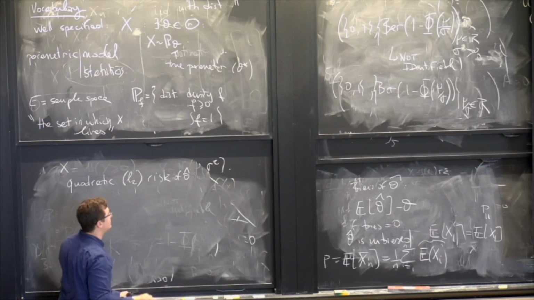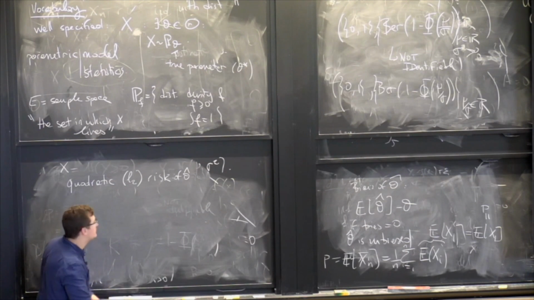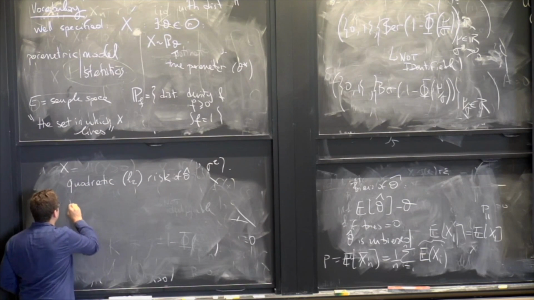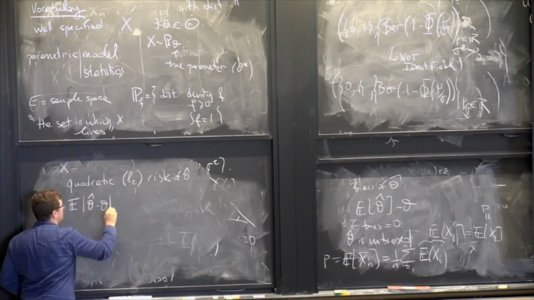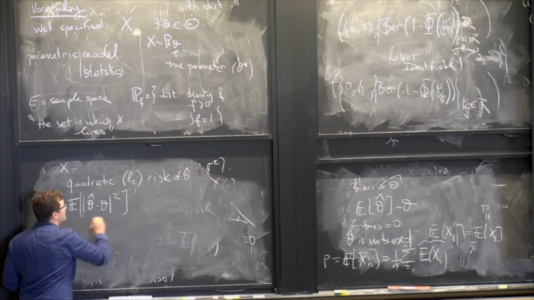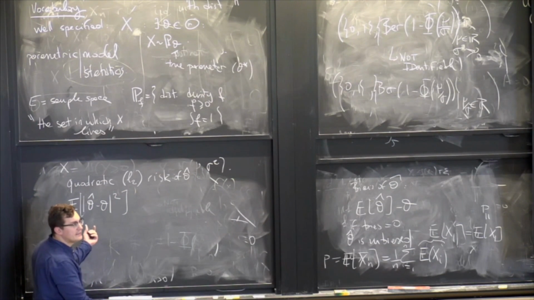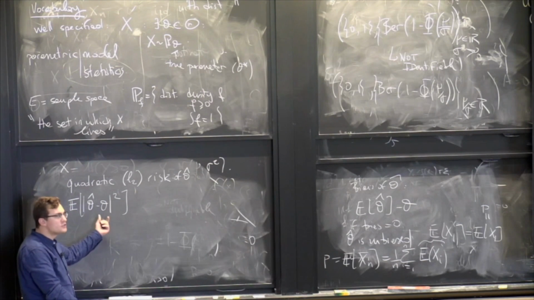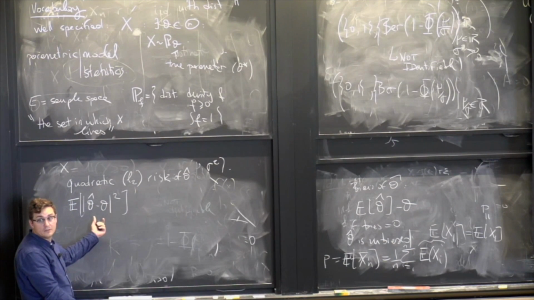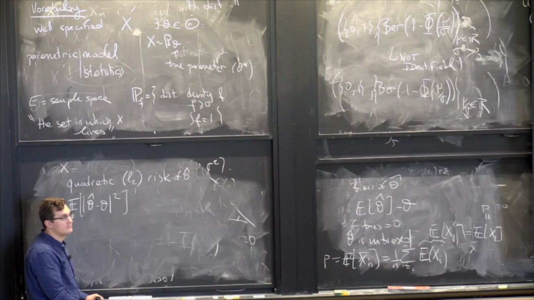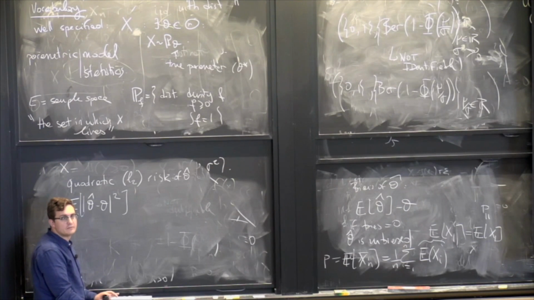I'm sorry for maintaining such an ugly board. Okay, so I look at the squared distance between theta hat and theta. This is a function of a random variable, so it's a random variable as well. And now I'm looking at the expectation of this guy. Okay, that's the definition.